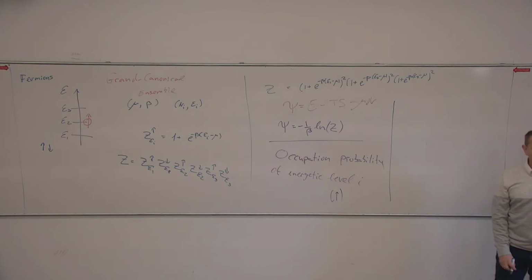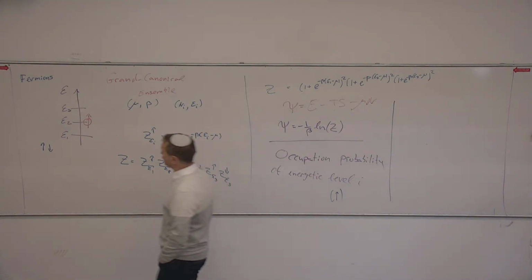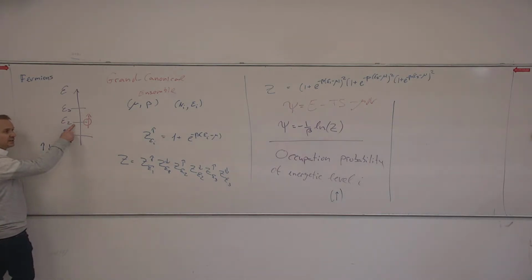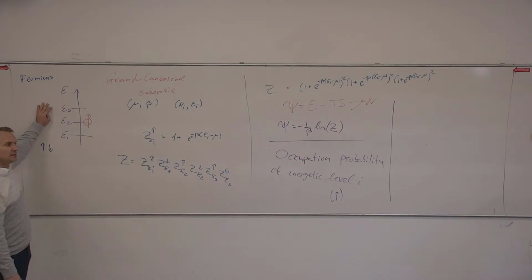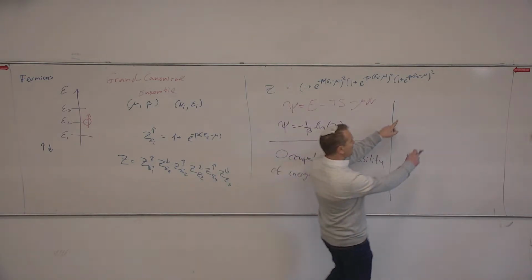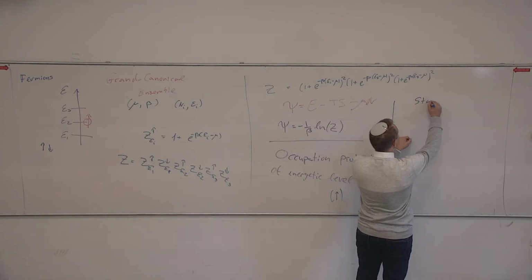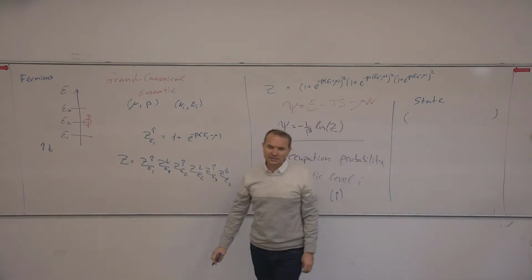The state of the system is not the specific state of a specific energetic level. The state of the system is, I'm looking at the system and I'm asking, all right, what are the different occupations of the different levels? And I have to look at all the different levels, right? So when I'm asking about a state, let's consider it's a vector.